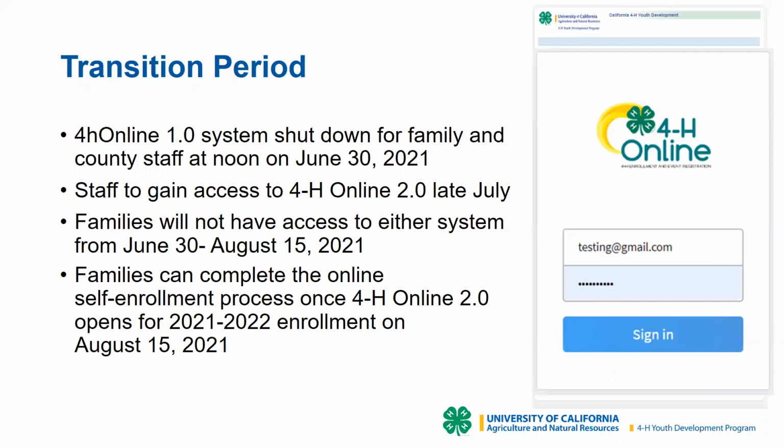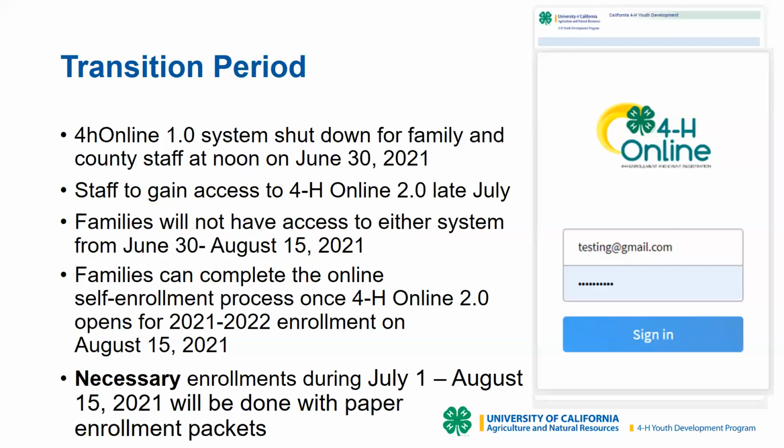Families can complete the online self-enrollment process once 4-H Online 2.0 opens for the new program year on August 15th. During the interim period, when the system is offline for families, necessary enrollments will be completed using paper forms and entered into the 2.0 system by August 31st, with a note in the profile indicating participation during the interim period.